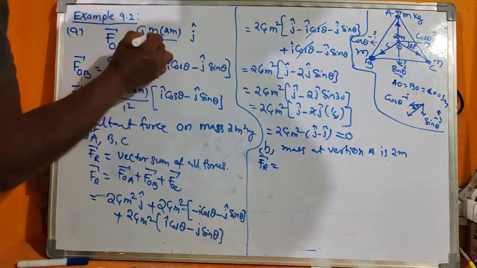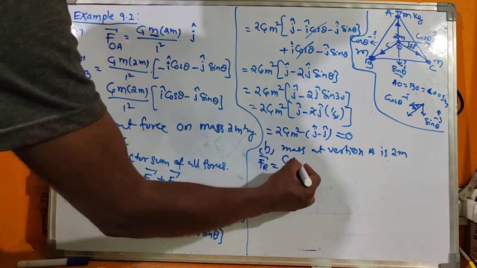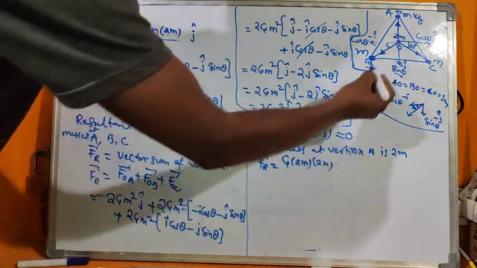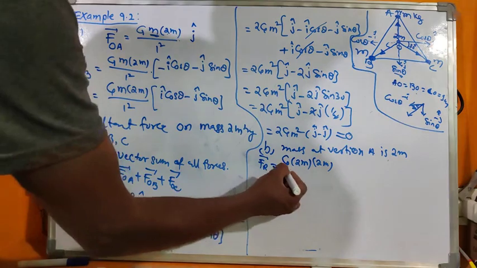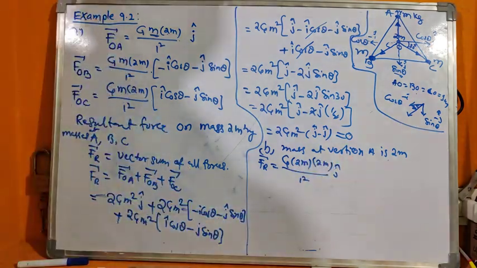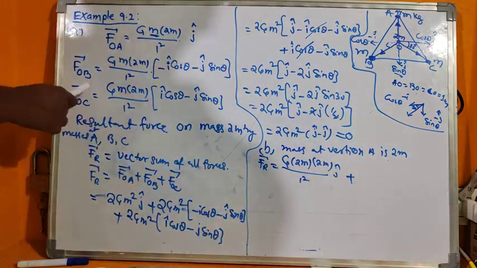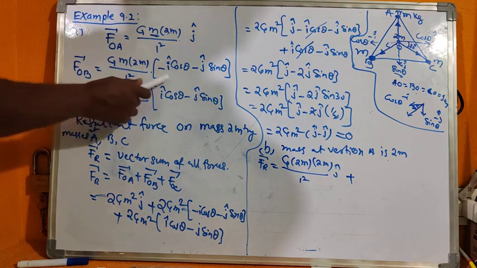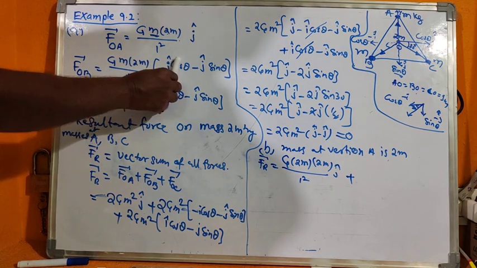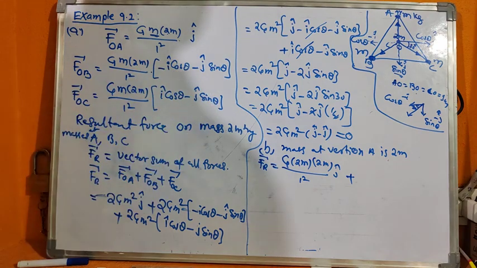Here in place of m we are taking 2m, so this is G into 2m and another 2m, divided by 1 square, in the j cap direction, plus FOB and FOC. From these, the x components are cancelled, and then there are only the components j sin theta and j sin theta.